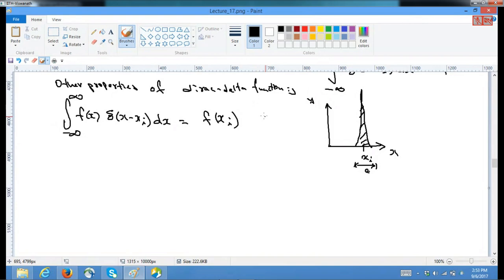Something called a Dirac delta function, and our w of x for a point load can be determined as a P load applied at x minus a in the above case.